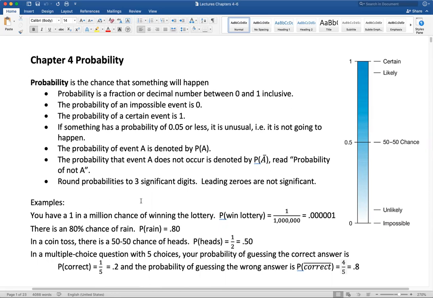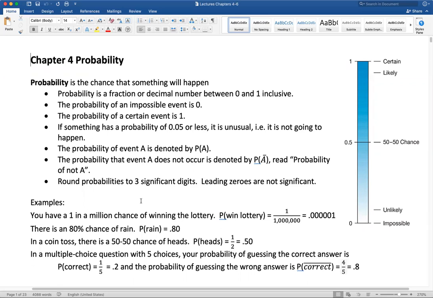For example, when you roll a die, we expect to get 1 through 6. And then we want to figure out the probability that we get an even number: 2, 4, 6.